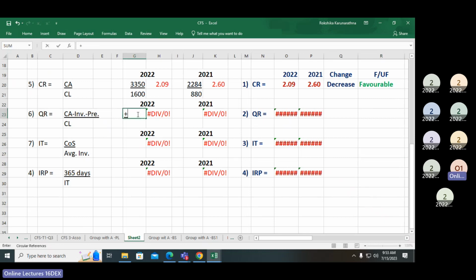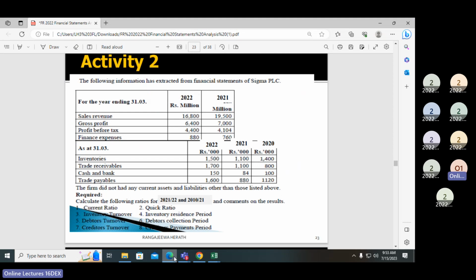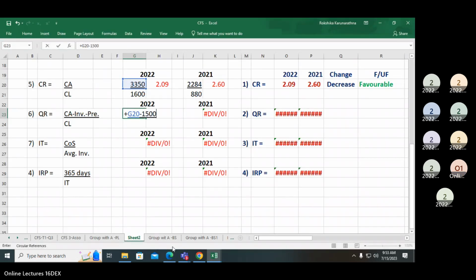Quick ratio, you can take current asset minus inventory and prepayment. Here we don't have the prepayment, so you can deduct inventory 1,500. Right? Prepayment නැත්නම් අපිට තියෙන inventory විතරයි. Divide by current liability.